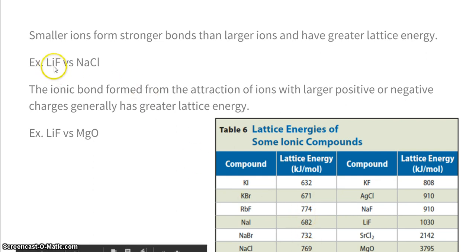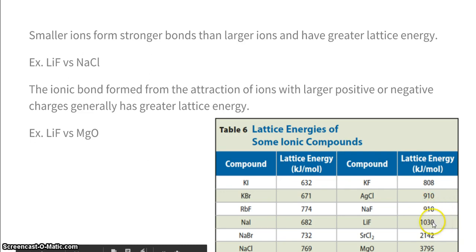So if we're comparing lithium fluoride with sodium chloride, we know by looking at the periodic table that lithium is smaller than sodium and fluorine is smaller than chlorine. So lithium fluoride has small ions, sodium chloride has bigger ions. And if we compare their lattice energies over here, lithium fluoride has a greater lattice energy than sodium chloride.